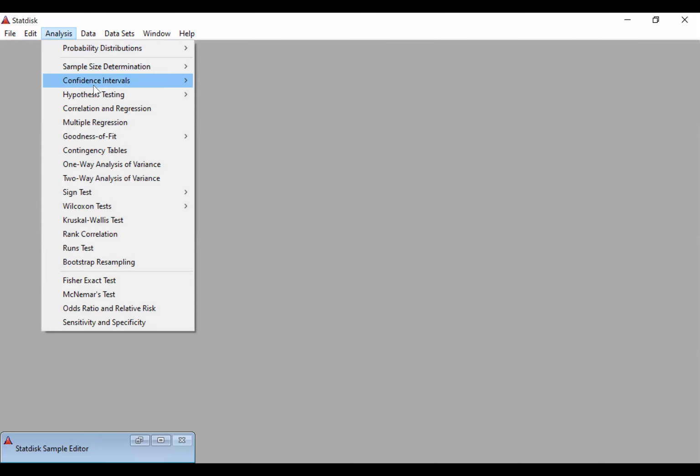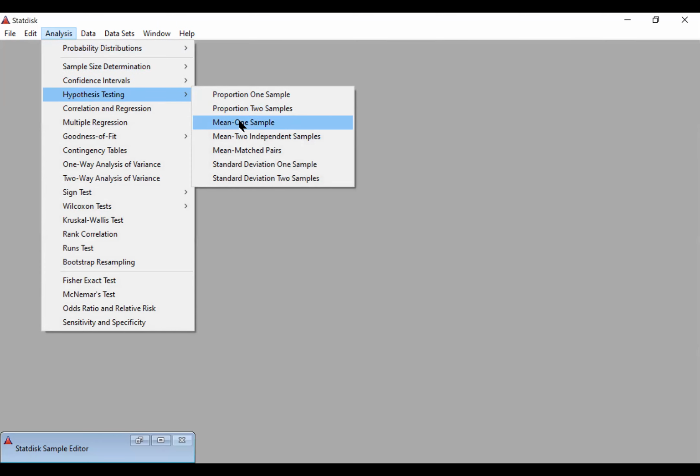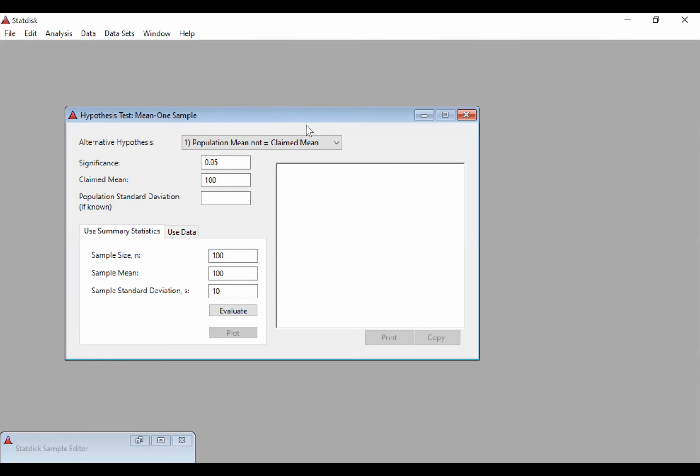We're going to go Analysis, Hypothesis Testing, and it's a one sample case of the mean. And we've got information to enter. So our alternate hypothesis, it was a right tail test. So there's our choice. Our significance level was 0.01. Our claimed mean was 0. We don't know what the population standard deviation is, but it doesn't matter. Sample size was 40.